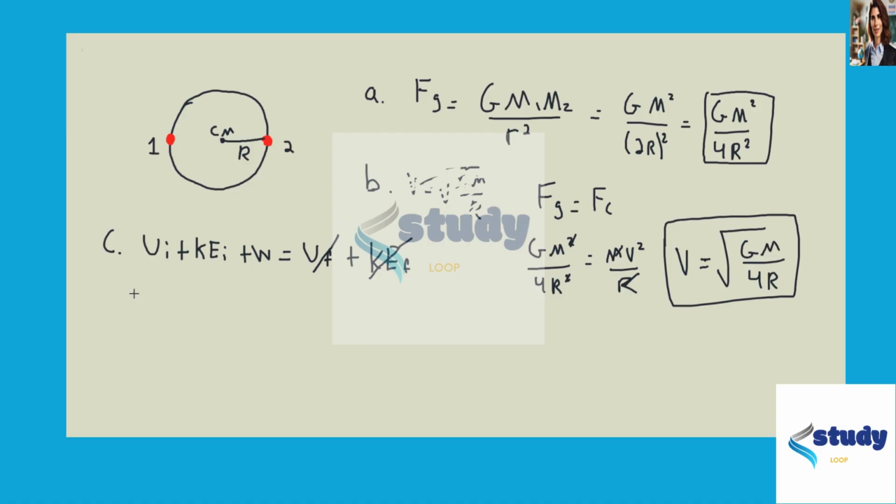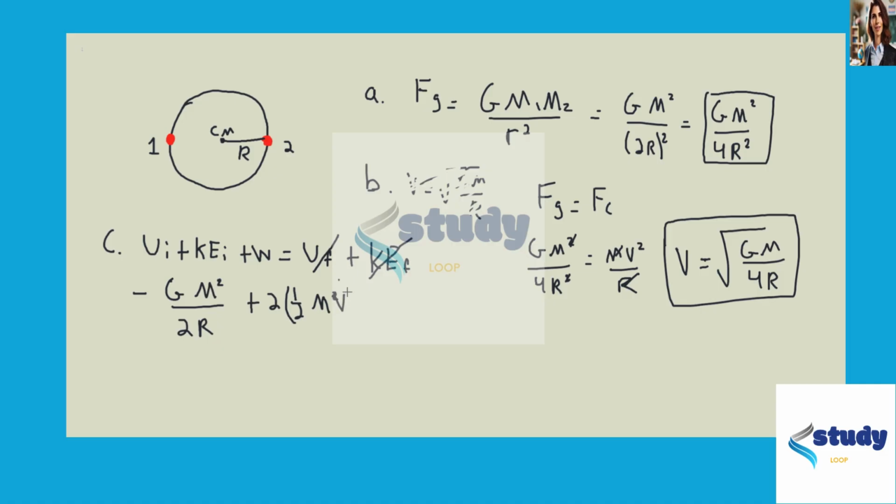We say our initial potential energy is negative G m1 m2, so m squared, over r, but r is the separation between the two, so that would be 2r. Then we have the initial kinetic energy, so plus 1/2 m v squared for a given star, but we have two stars, so we've got a 2 there.